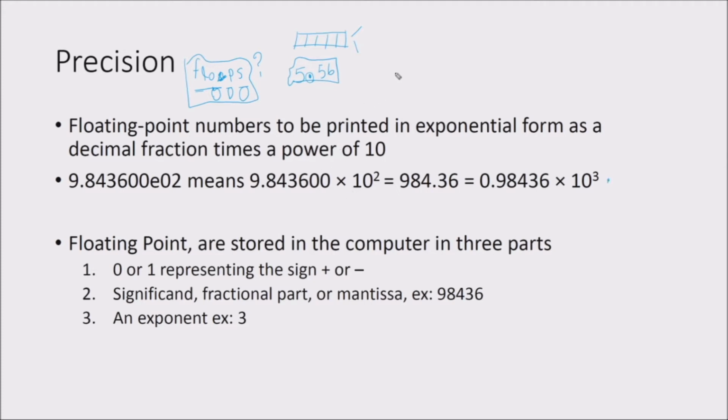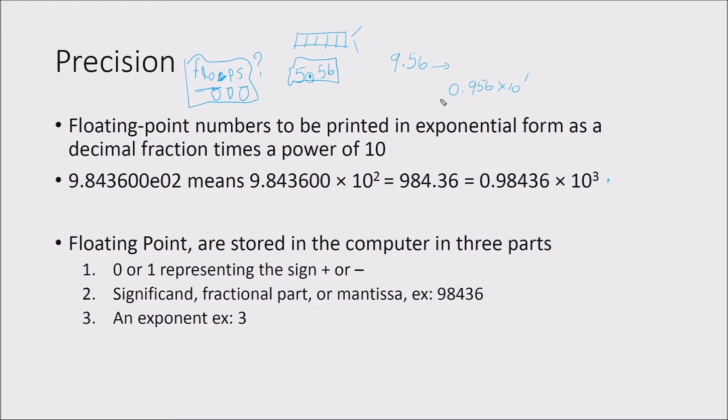The best thing I can do is, let's say this is my number that I want to store in my computer. You can write this differently. Like how do you write this? It is equal to 0.956 multiplied by 10 to the power 1.